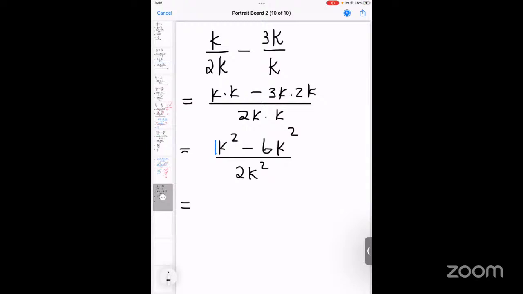So it's going to be negative 5k squared over 2k squared. And then you can just cancel those two. Then you have minus 5 over 2. Makes sense? Yes, it makes sense. Yes, 100%. So just try to redo more of those, but your approach and everything is correct.